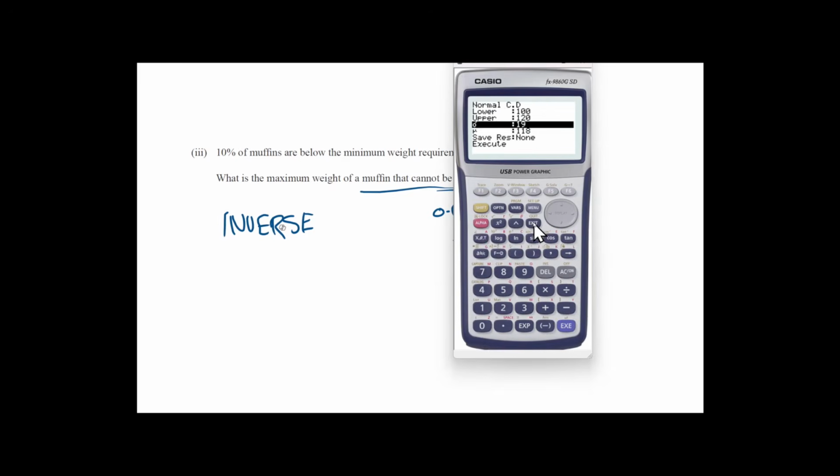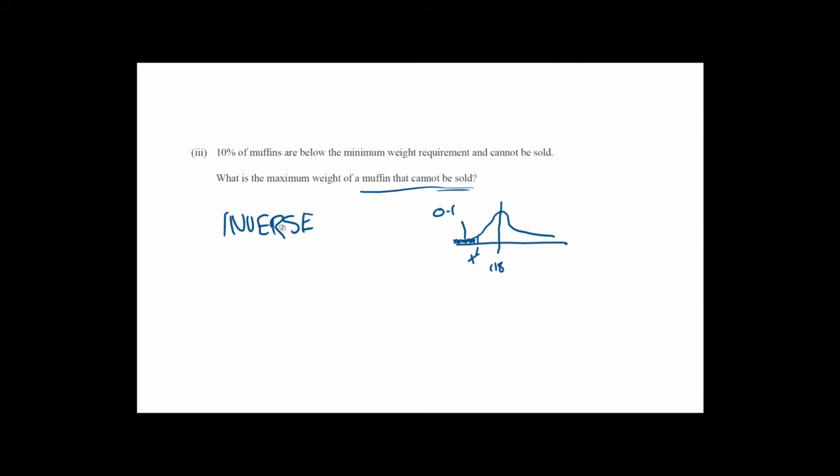Annoyingly, you have to go back and forth. Here I've already set it up. We want the tail to the left. The area that we want is 0.1. It has to be in that sort of format. It comes pre-populated, so let's execute, and we get 93.6505.